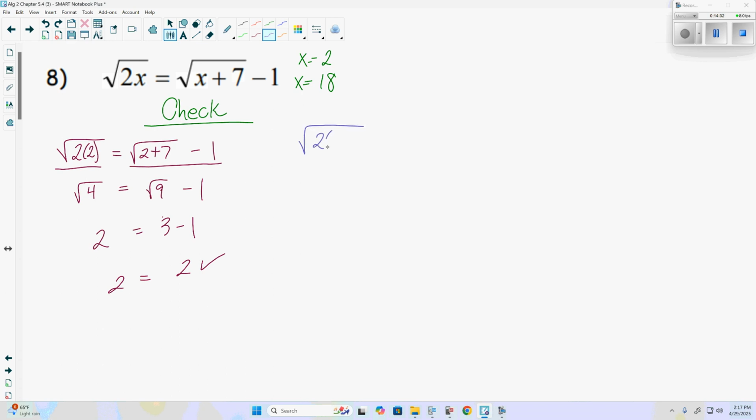We can do the same thing with 18. 2 times 18. 18 plus 7 minus 1. And again, we can type each side of this into the calculator and see what we get. So if we wanted to, we could say the square root of 2 times 18 in the calculator, and it would tell us, well, 2 times 18 is 36. Square root of 36 is 6.